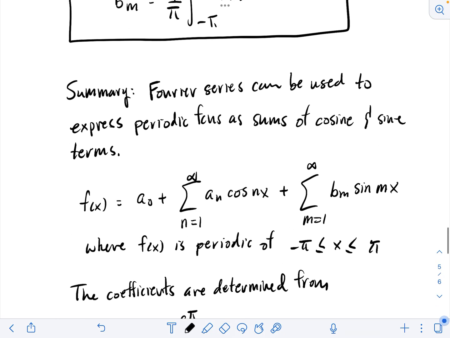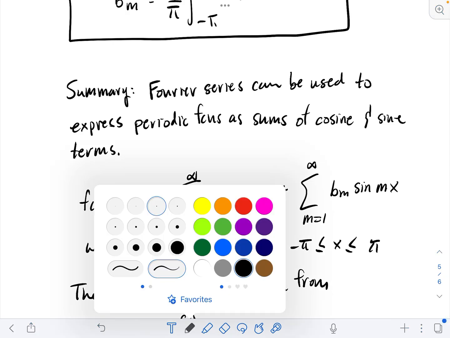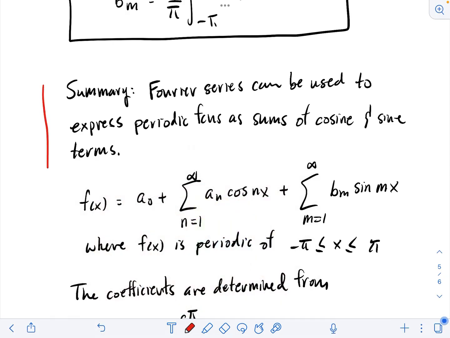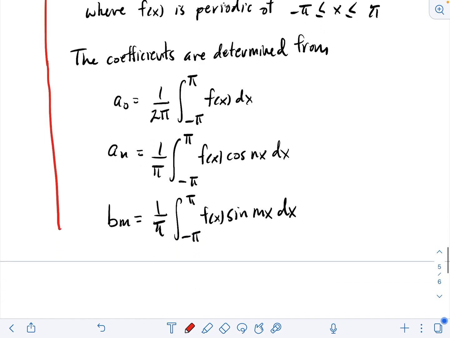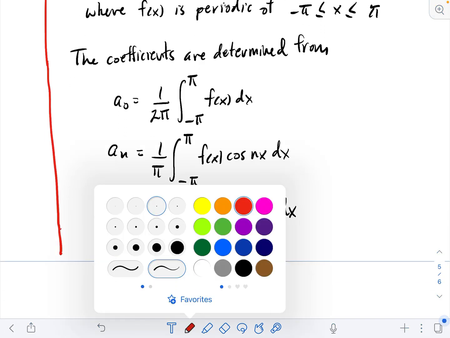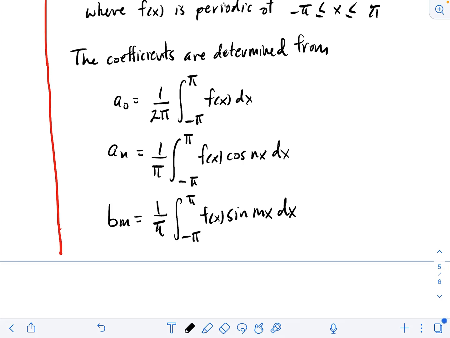And so what I want to do is just go through an example to show you how this works. And this example is actually relevant to the thermal waves lab, where we're going to have a heater being turned off and on periodically. And so that's like applying a square wave to the heater.